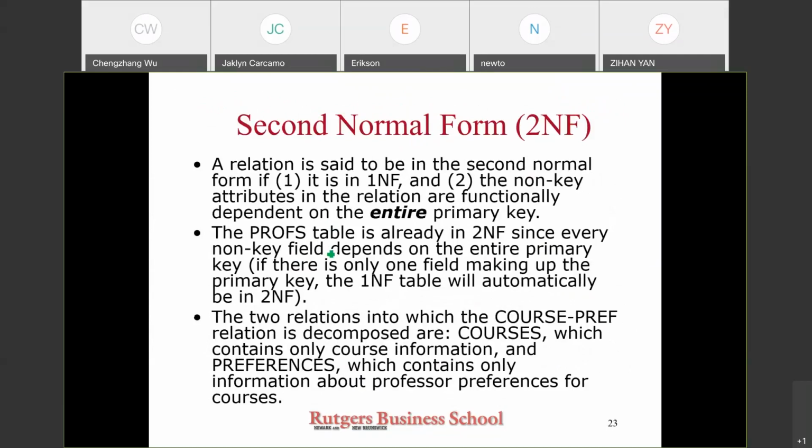So we have the rule for second normal form. That is, first of all, it is in first normal form, no repeating groups. And second, the non-key attributes in the relation are functionally dependent on the entire primary key. Or in other words, there's no partial dependency. No partial dependency.